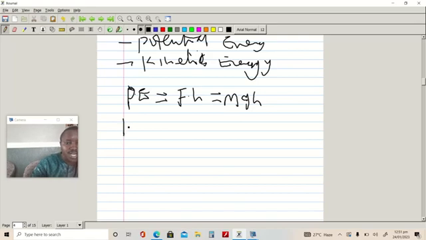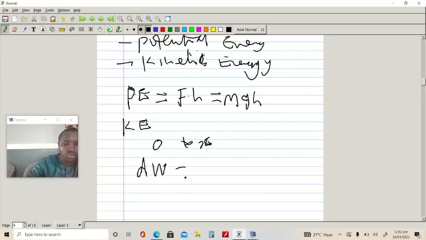So we're looking at kinetic energy now. Kinetic energy is the energy possessed by a body when it is in motion. If a variable force causes a displacement from 0 to point x, the body moves from 0 to x on the surface, then the work done W is equal to force times distance.